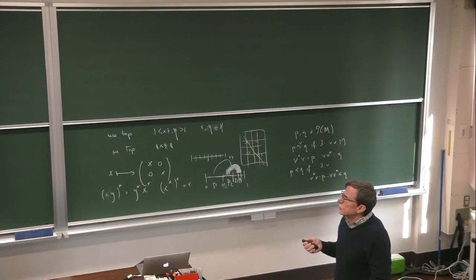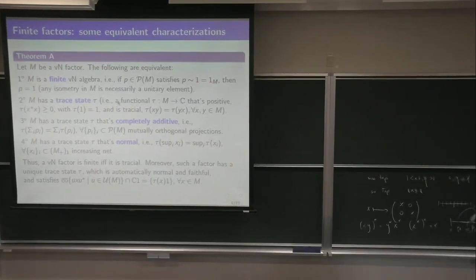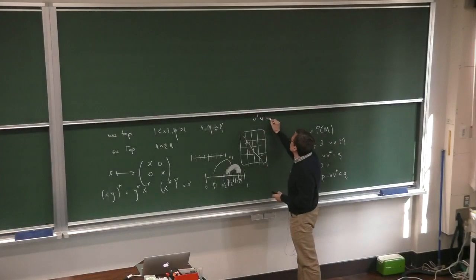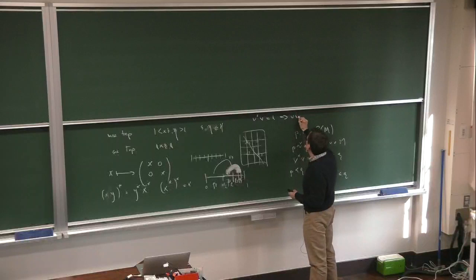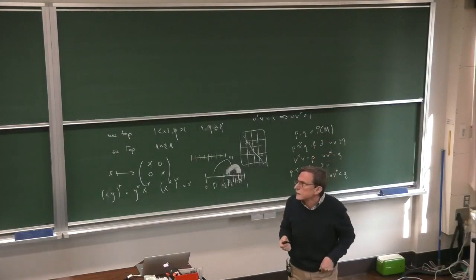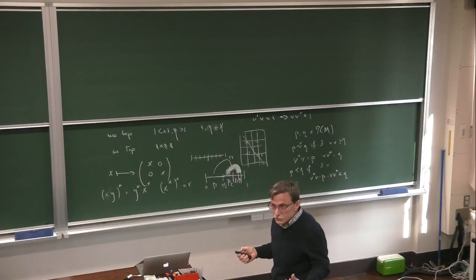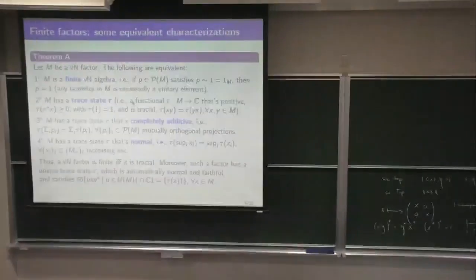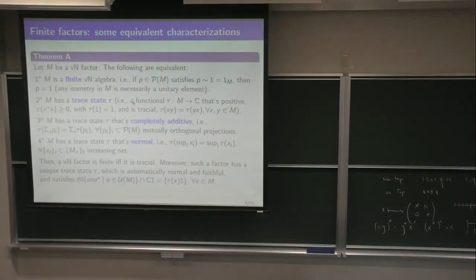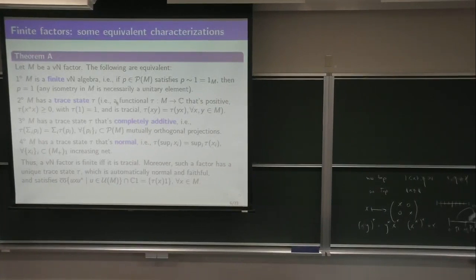and this says that if you have a projection P that's equivalent to 1, then P must be equal to 1. In other words, it's like requiring this axiom: if V star V is equal to 1, then V V star must also be equal to 1. This is what this says. It's called finiteness because for sets, a set is equivalent to a strictly smaller subset if and only if the set is infinite.